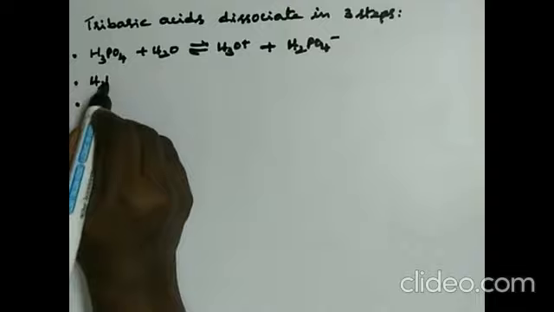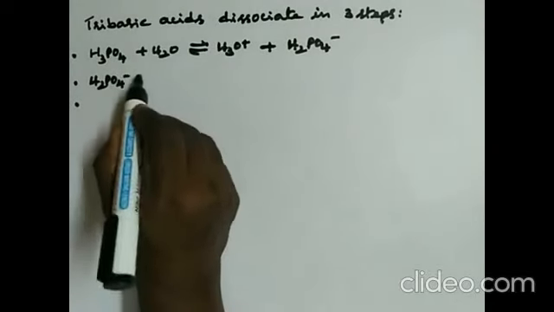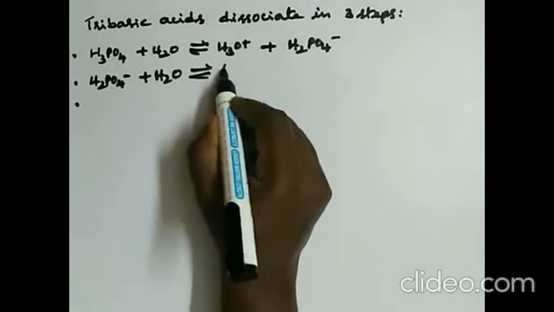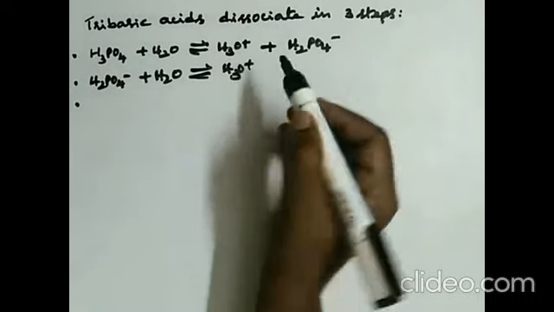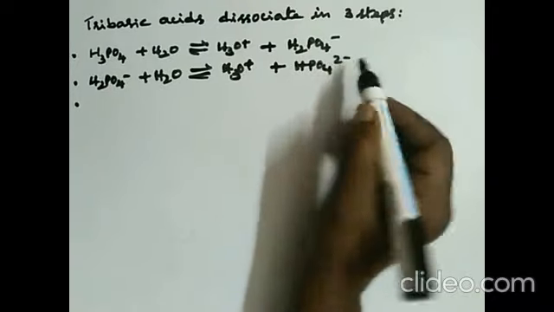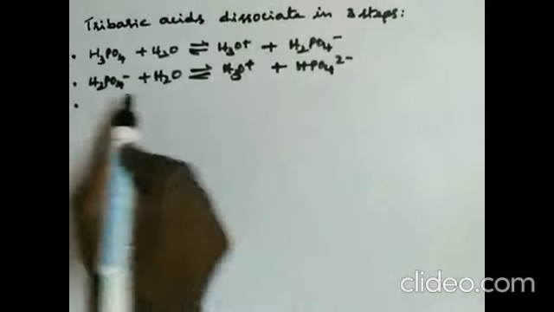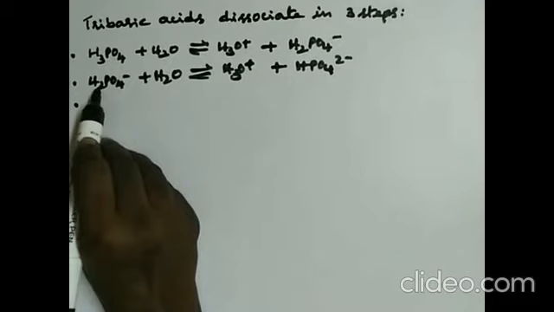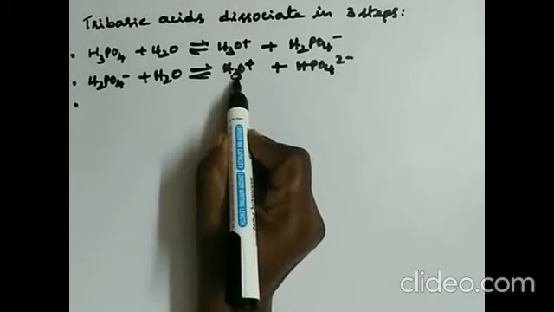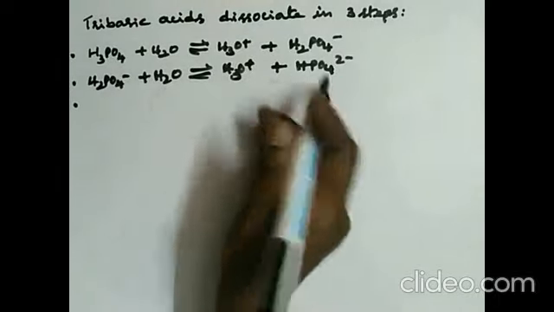This H2PO4 minus ion further combines with water to dissociate to form hydronium ion plus HPO4 2 minus. These are the valencies. So one more hydrogen atom gets combined with water to form hydronium ion and HPO4 ion.